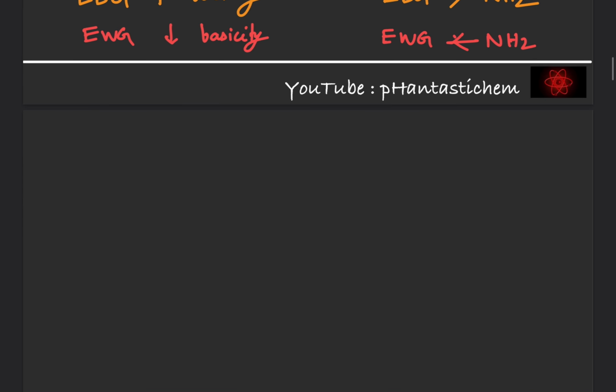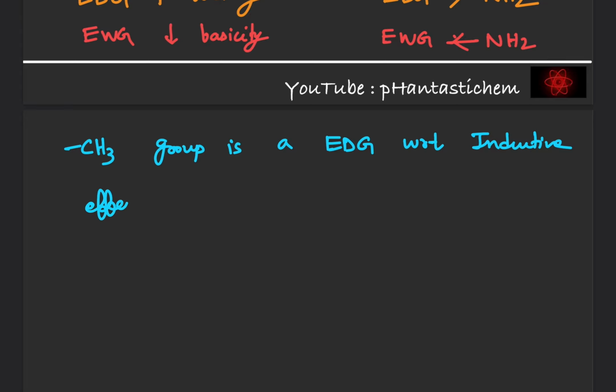Very important. So the CH3 group is an electron donating group with respect to the inductive effect and hyperconjugation.